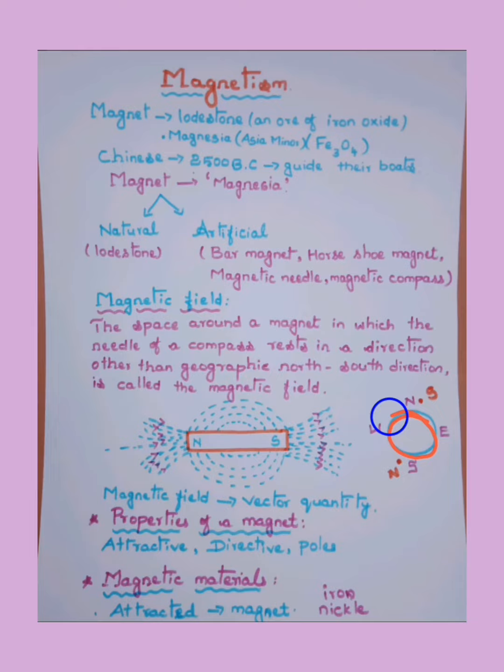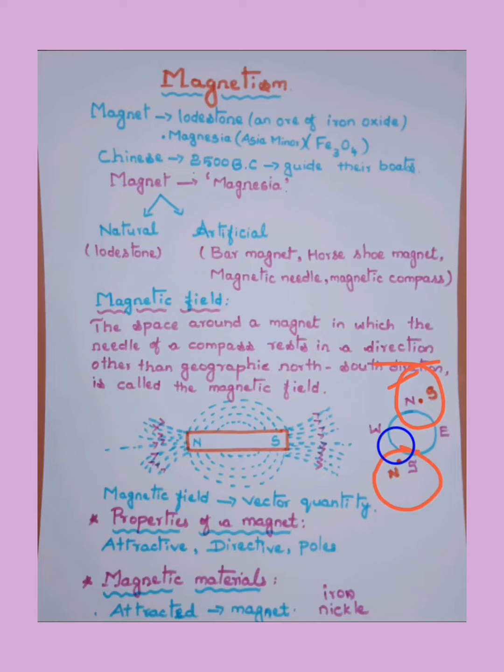Okay, I repeat this. We know that according to the geographical directions of the earth, north, south, east, west, these are the four main directions. The magnetic south pole, is it in geographic north?